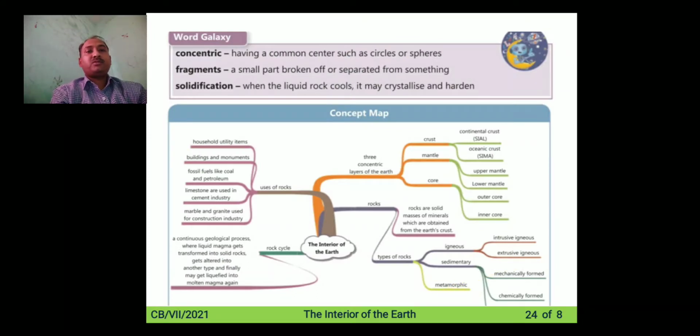You know very well that it is specially used for household work, household utilities. Then it is specially used for building monuments and different types of things. Then it is specially used for some other purposes too. So these are the uses of the rocks which are clearly mentioned to you here.